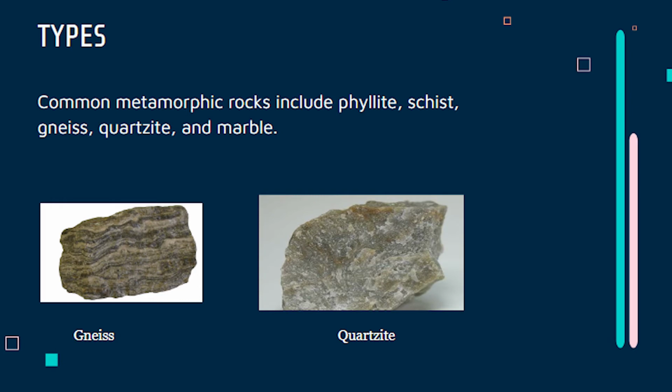Now, we have two pictures of two types of rocks here. So we have a picture of, I'm going to say it's gneiss, and the G is silent, and you have quartzite, right? And if we get a good look at the gneiss rock, we see how it is kind of giving us layers. You can see where it has undergone some changes.